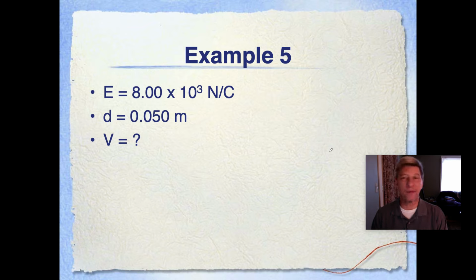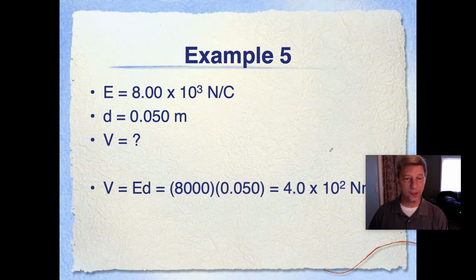Do we have a formula that includes E, D, and V? Of course, the answer is yes. We just derived it on the previous slide. For this one, no algebraic rearrangement is required.